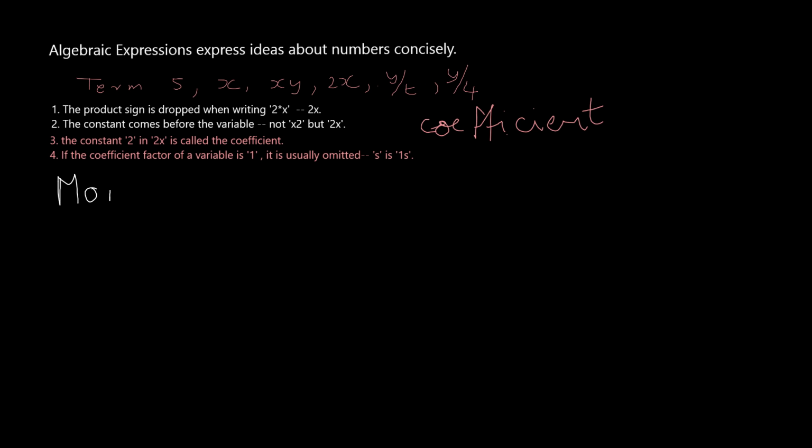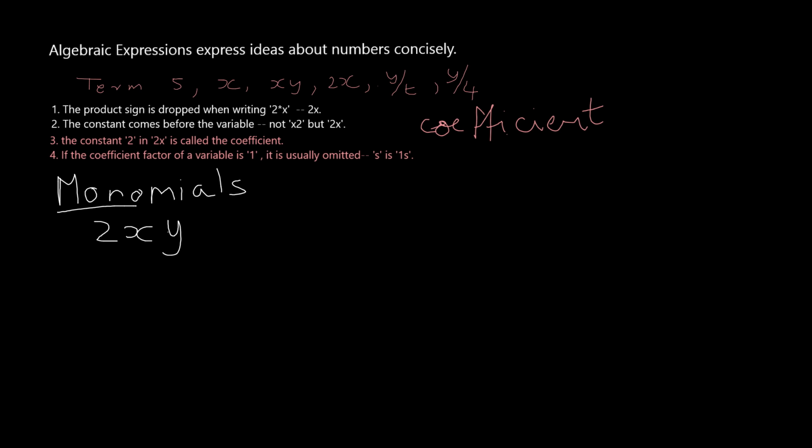As the name suggests, a monomial is an algebraic expression having one term. So it could be any one of the terms shown over here, for example 2xy. This would be a monomial because it's put together with constants and variables as a product.